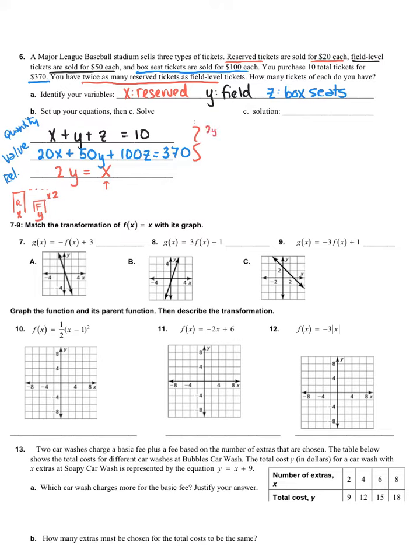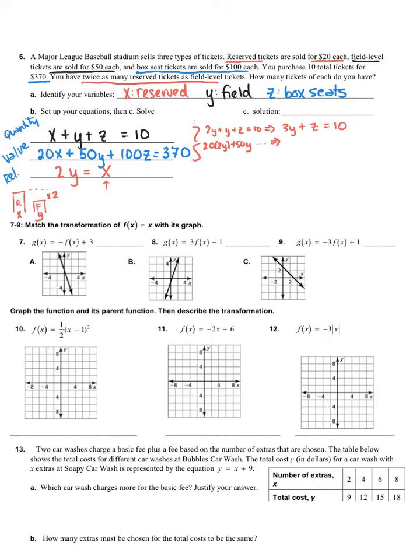So I have 2y plus y plus z equals 10, which gives me 3y plus z equals 10. So there's one equation in just y and z. Into this other equation, I have 20 times 2y plus 50y, because I'm going to combine like terms.